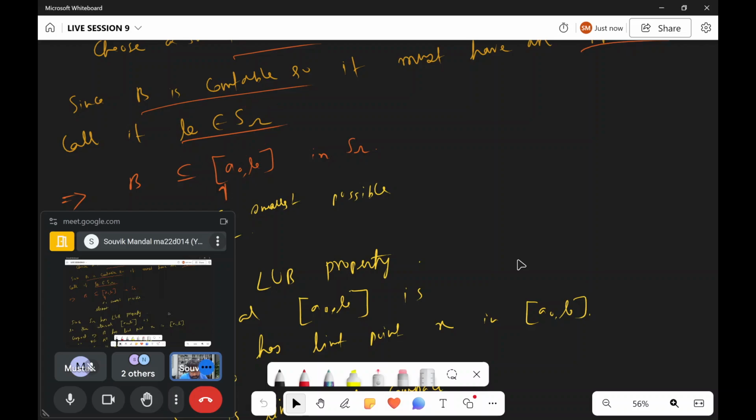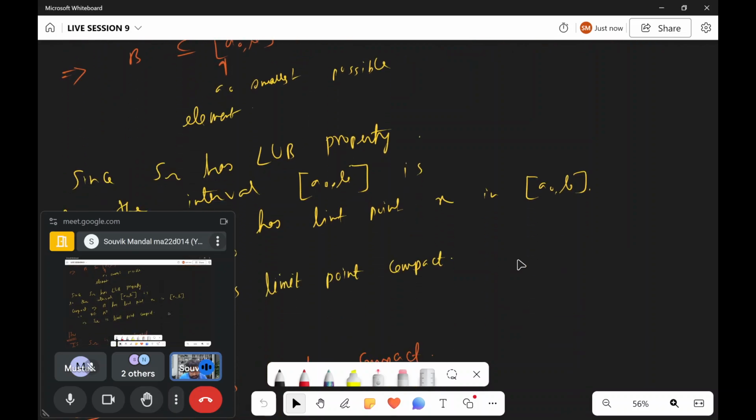Now since B is a subset of [a naught, b] in S omega, where a naught is the smallest possible element, and since S omega has the least upper bound property, the interval [a naught, b] is compact. So B has a limit point x in [a naught, b]. This tells that S omega is limit point compact. So that is the thing.